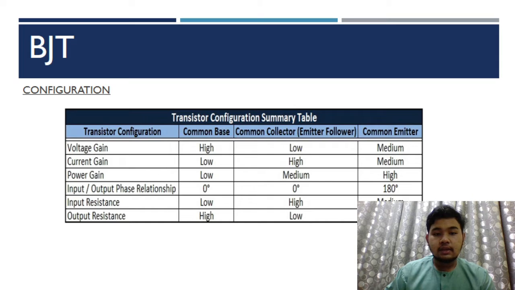For current gain, common base is low, common collector is high, and common emitter is medium. For power gain, common base is low, common collector is medium, and common emitter is high. For input-output phase relationship, common base is 0 degrees, common collector is 0 degrees, and common emitter is 180 degrees. Input resistance for common base is low, common collector is high, and common emitter is medium.